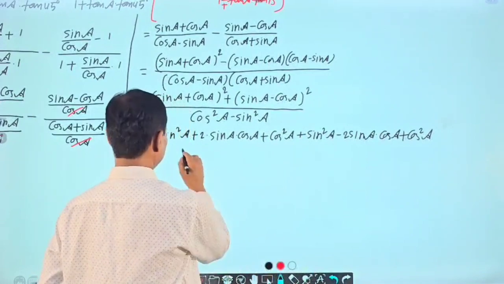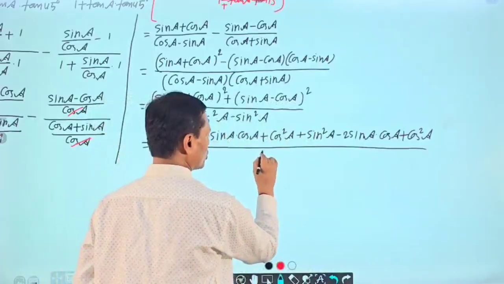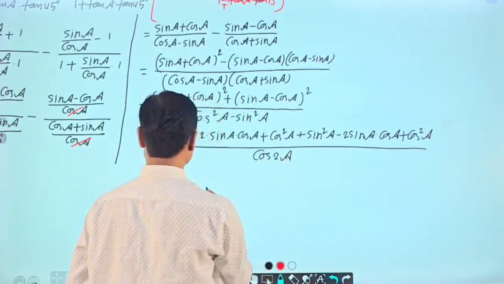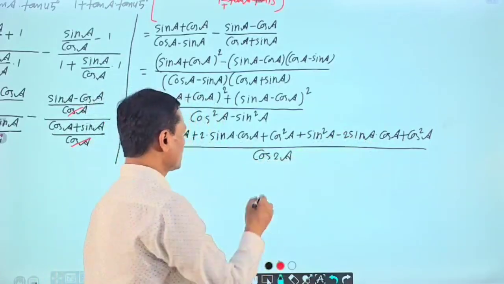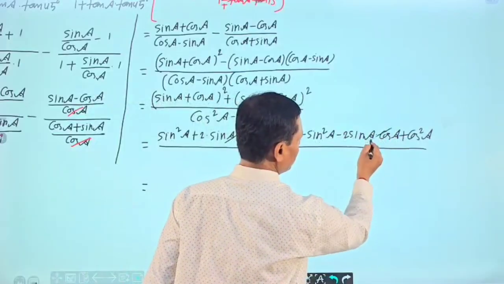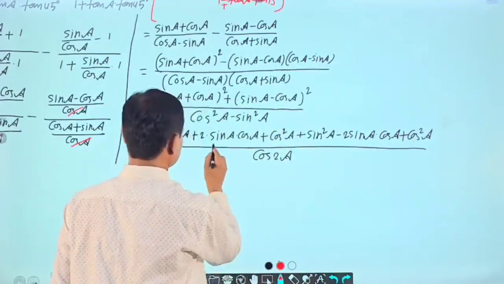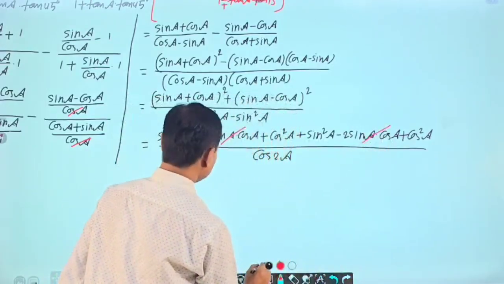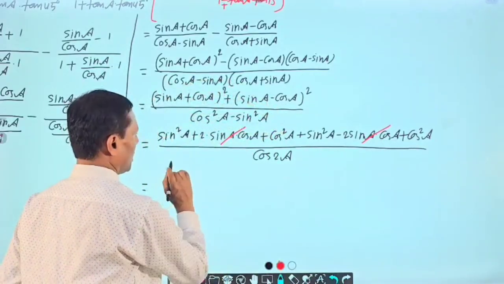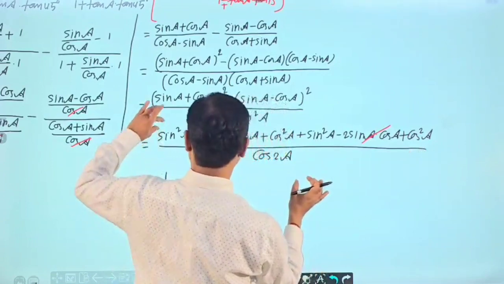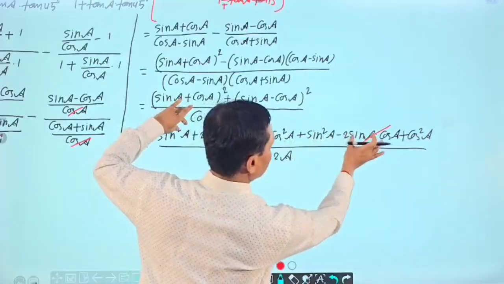And at the denominator we have cos square A minus sin square A, which means cos 2A. Okay, now 2 sin A cos A plus and 2 sin A cos A minus, we can cut them, isn't it? Let's cut it by red color. Sin square A plus cos square A gives us 1, and again sin square A plus cos square A equals 1.